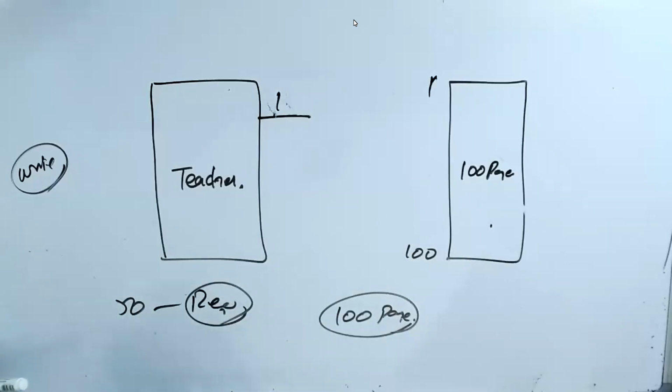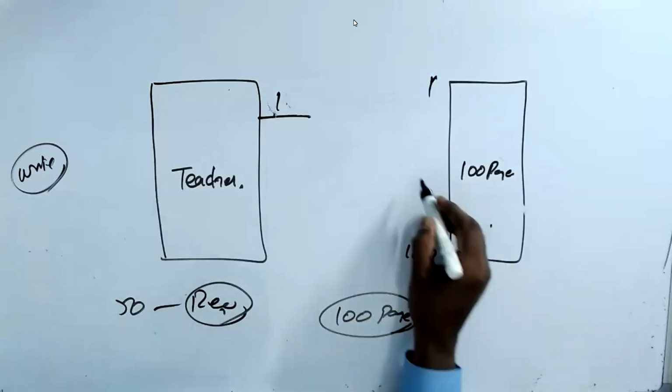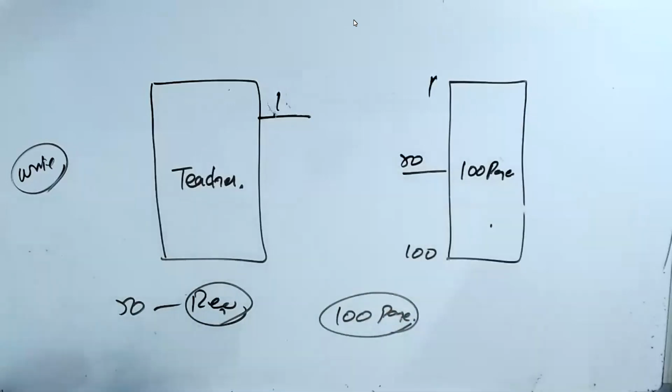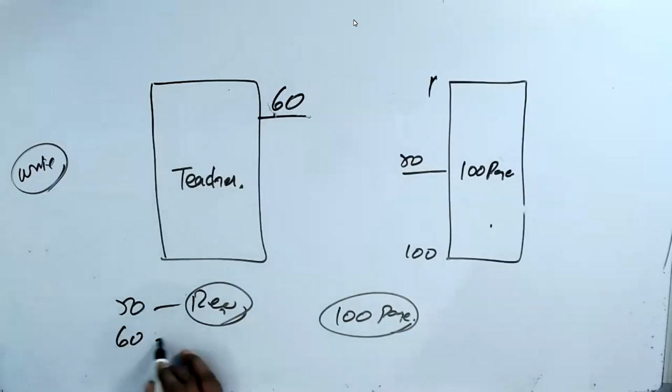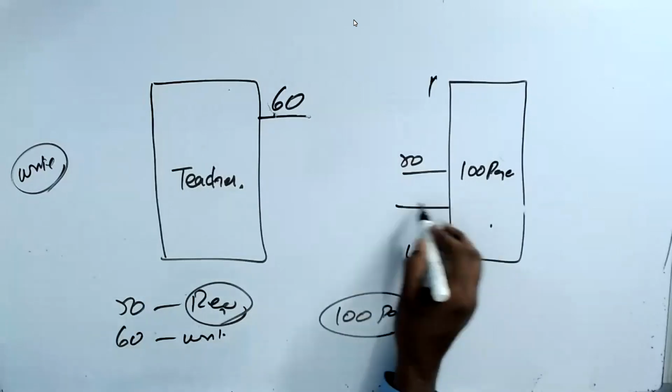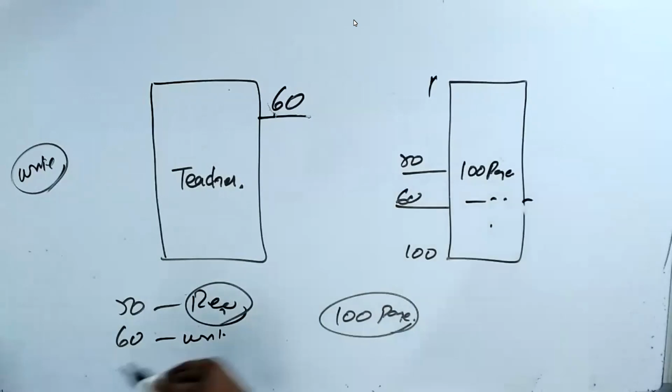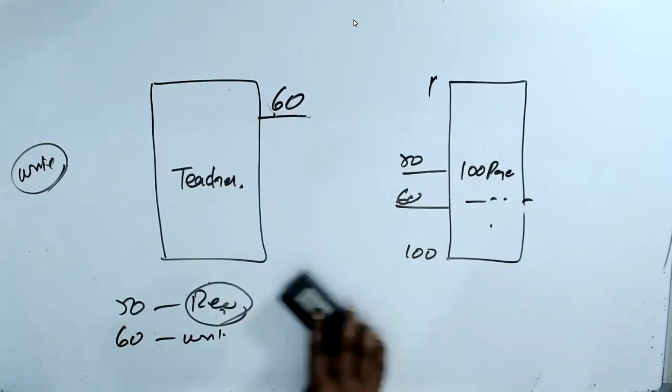Then you start reading. You go to the 50th page and start reading. Then the teacher tells you to go to page number 60 and write. Then on page number 60 you will write whatever the teacher is telling. Am I right? This is very, very simple. That's a simple concept.